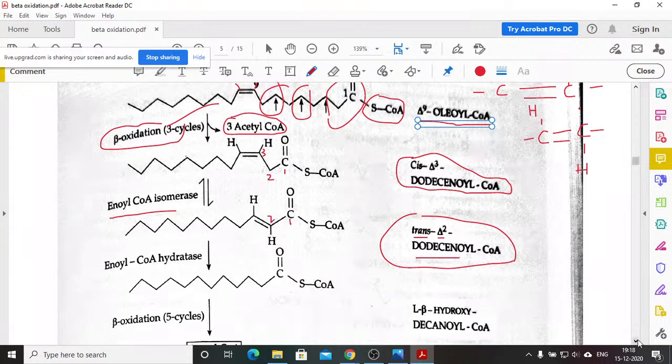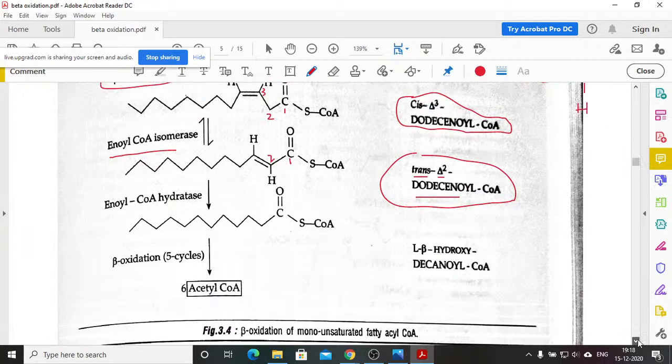In the next step, once this double bond is formed, hydratase comes and water is added, and this double bond disappears. You can see that the compound becomes like this.